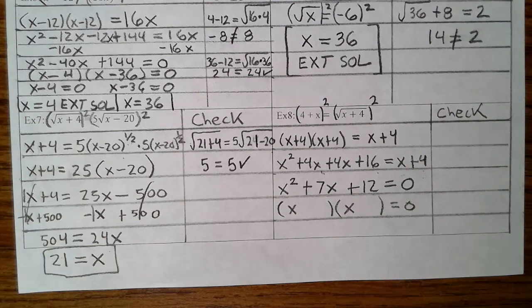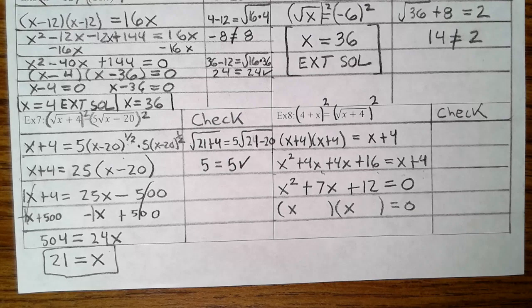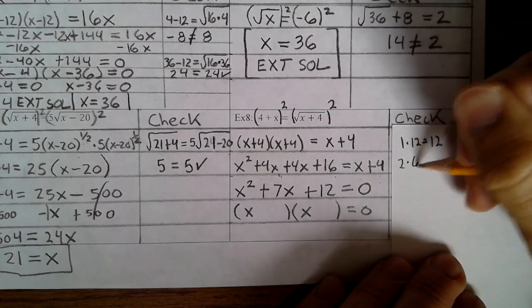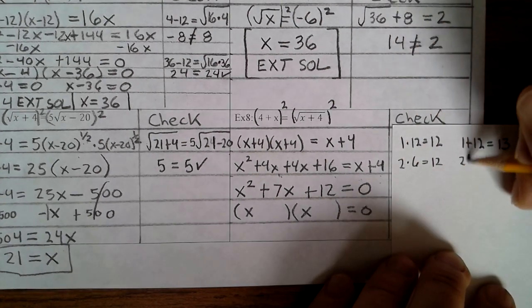That didn't work. 2 times 6 equals 12. 2 plus 6 equals 8. That didn't work. 3 times 4 equals 12. 3 plus 4 equals 7. This works. So our factors are x plus 3 and x plus 4.